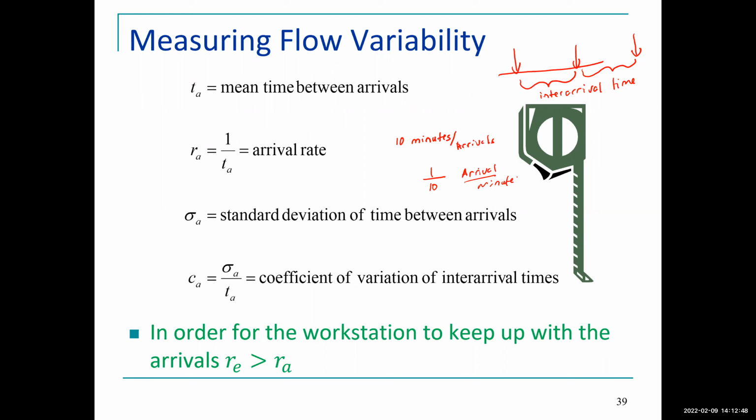So if you're receiving 1/10 of an arrival per minute, you need to make sure that your processing time is fast enough to accommodate those arrivals that are coming into your system. If it is too slow, then you know that you're going to be creating a queue for your system.